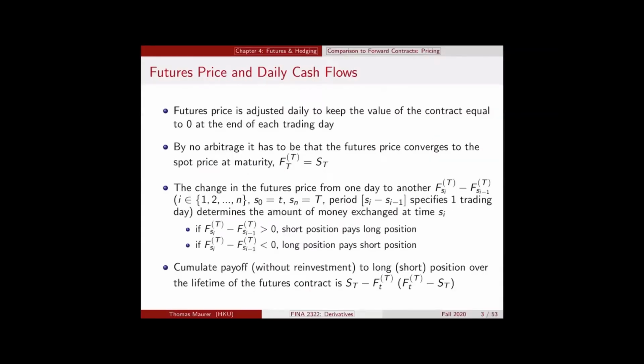On pages 3 to 7, I derive the futures price, but I want to turn to the virtual whiteboard to show this derivation in more detail. We start by drawing a timeline from small t to time capital T. And the difficulty now is that we actually have cash flows on a daily basis.